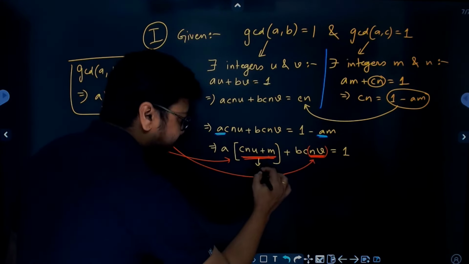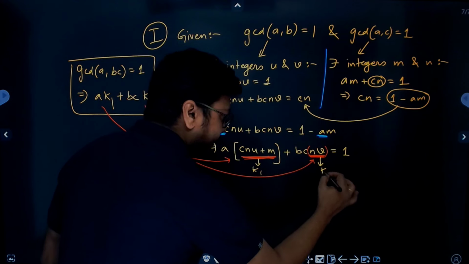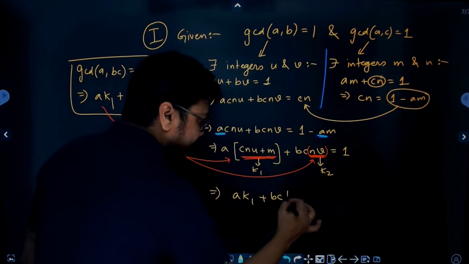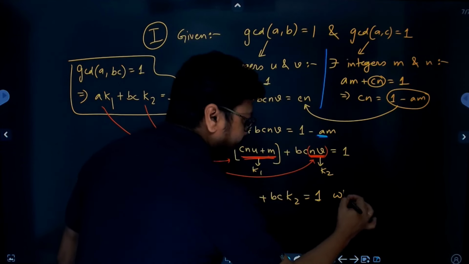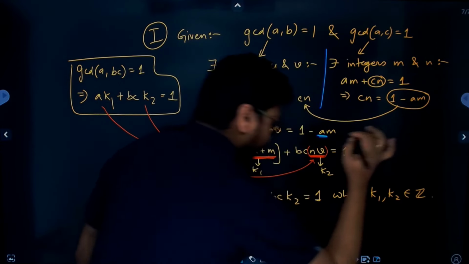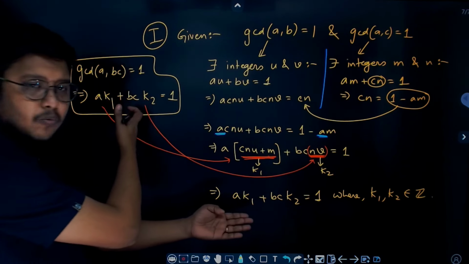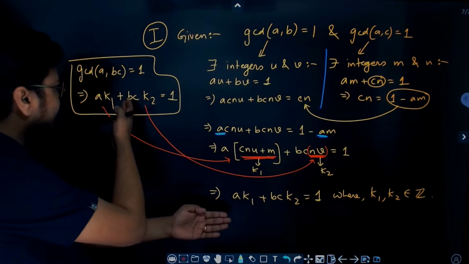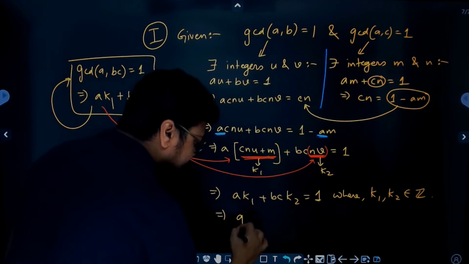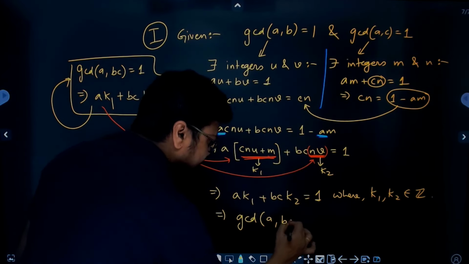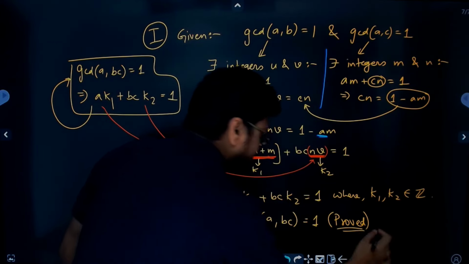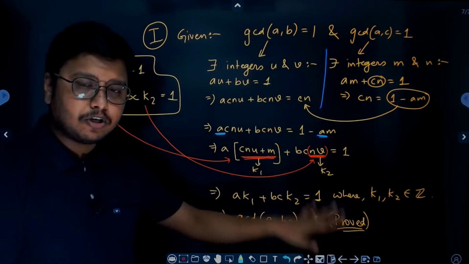So I can call this K1 and this K2 and reframe the sentence as A times K1 plus BC times K2 equals 1, where I've taken K1 and K2 from integers. So I have got my required thing. The moment I have got this equation, I can jump back to the previous line, which says that GCD of A and BC is 1. So I have proved my very first question.